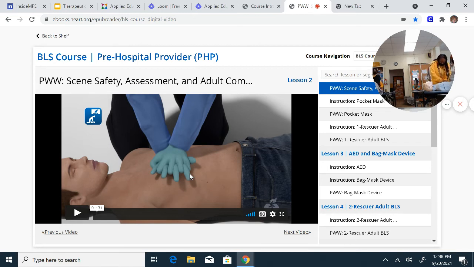Why are you all in the middle kind of? That's the stomach though.